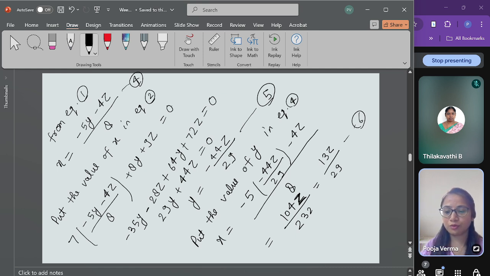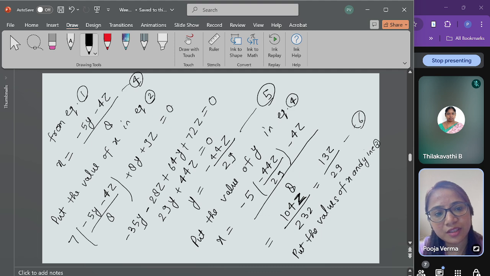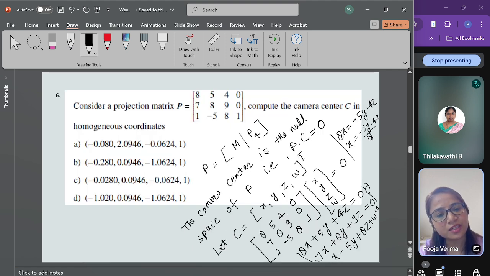Now what we need to do is put the x, y values we have got, in terms of z, into equation 3. All those values we have derived, just put them in equation 3. Equation 3 is x minus 5y plus 8z plus w.